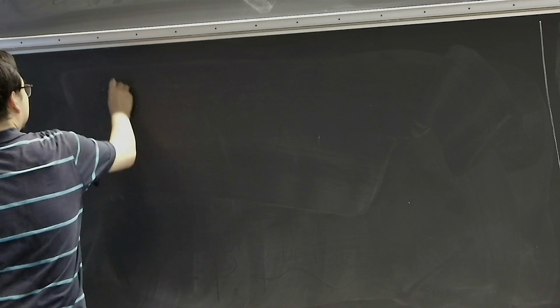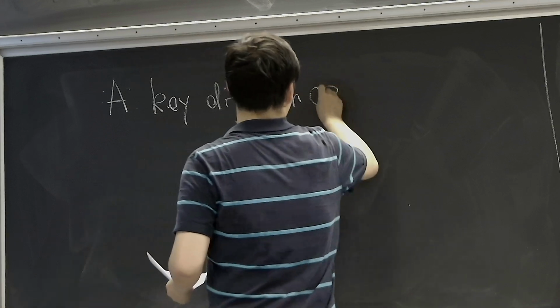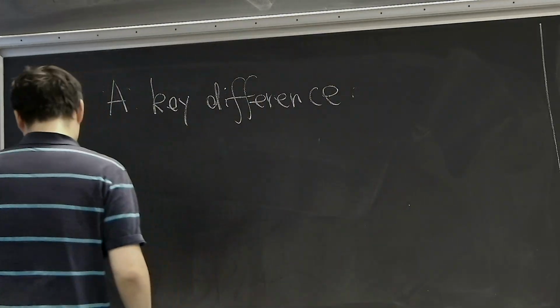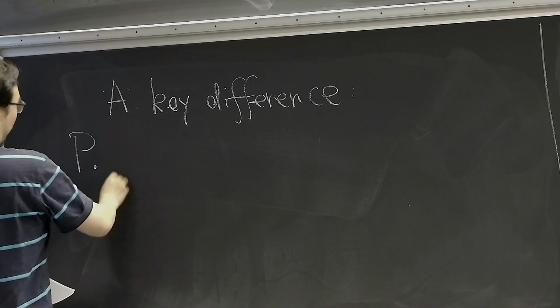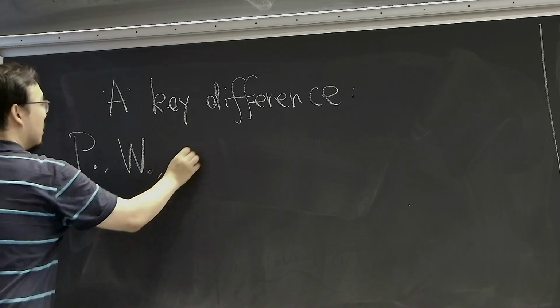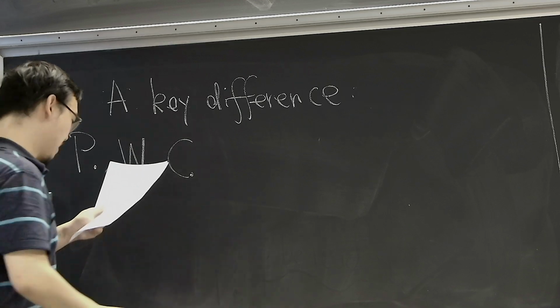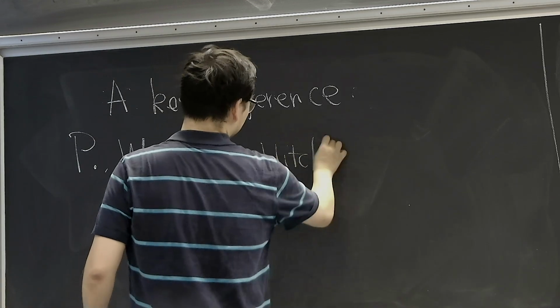So a key difference: either the perverse filtration or the weight filtration, which showed up in the Hitchin system, or equivalently the Chern filtration for the Hitchin space.